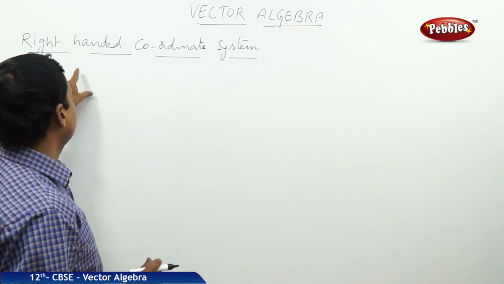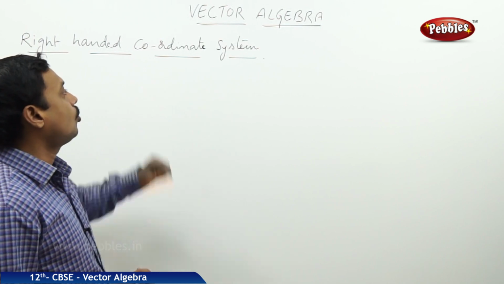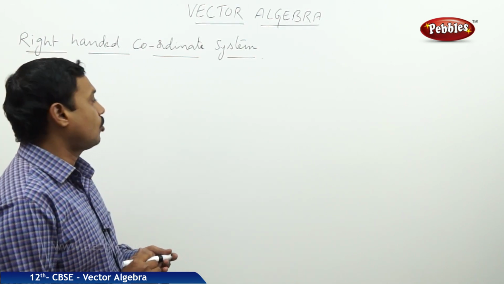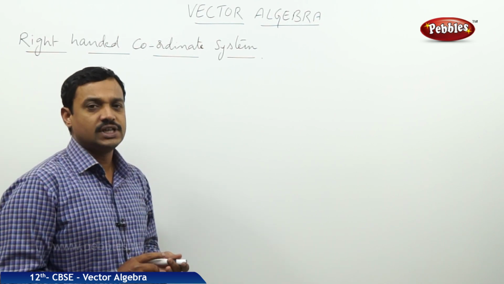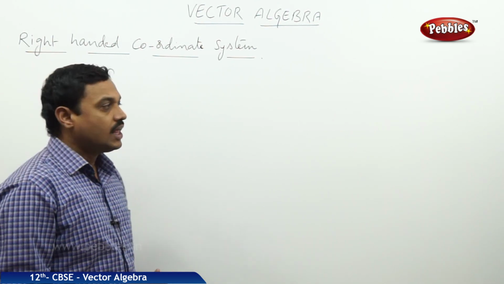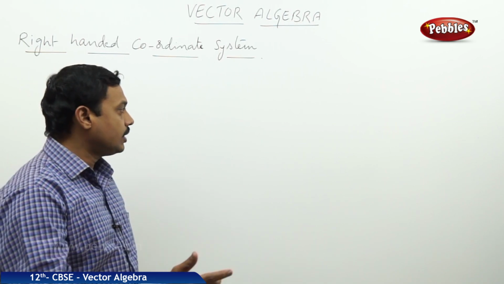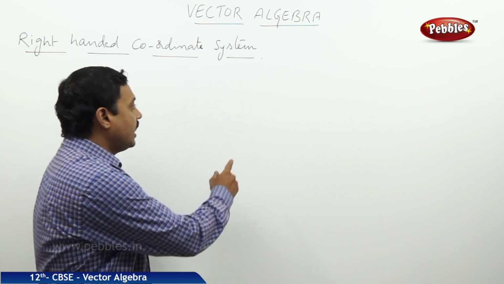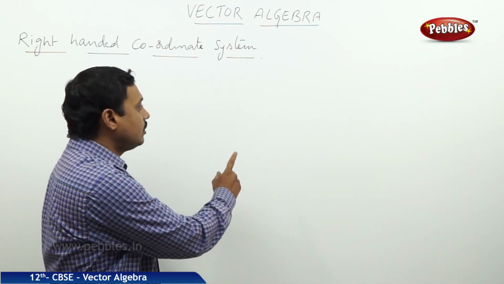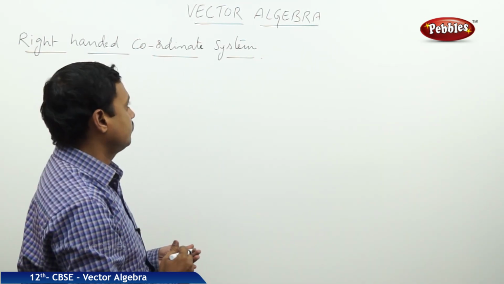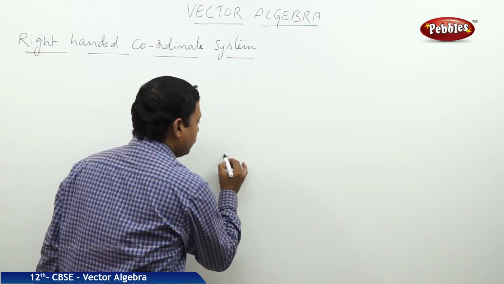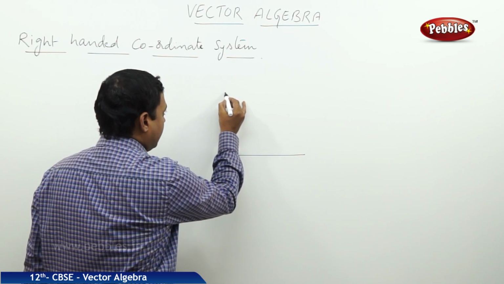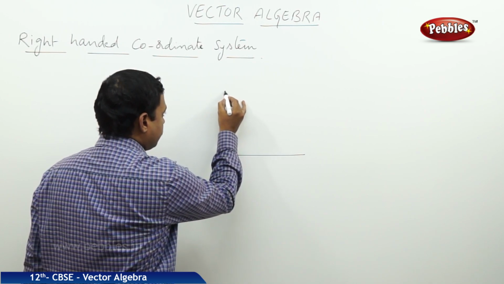The next interesting topic, right-handed coordinate system. What is right-handed coordinate system? When the x-axis is rotated towards y-axis, then a direction is defined towards z-axis. For example, this is x-axis and y-axis.